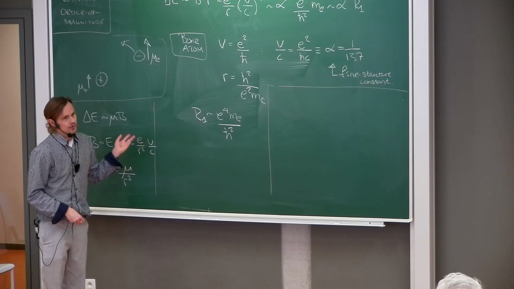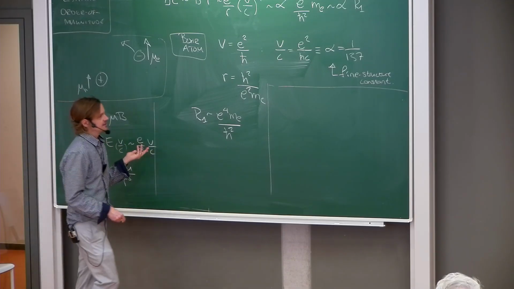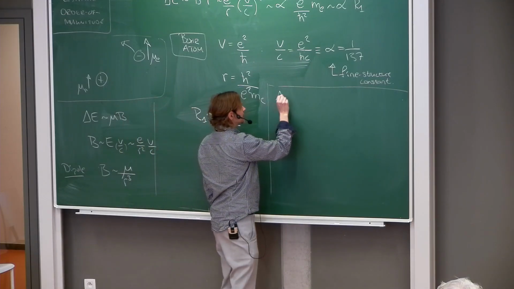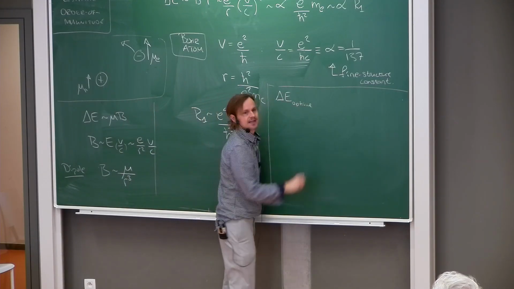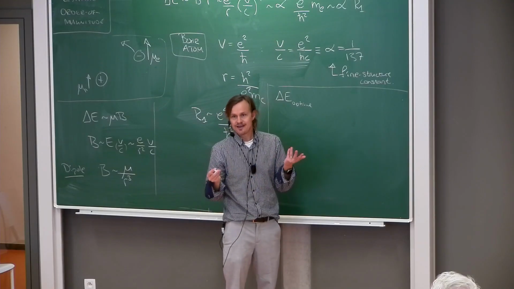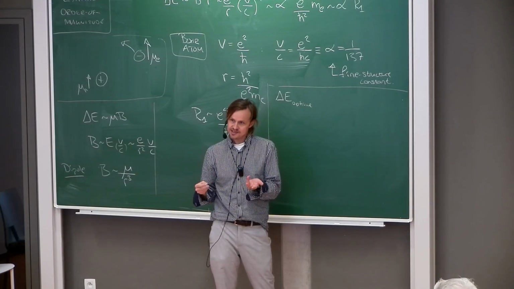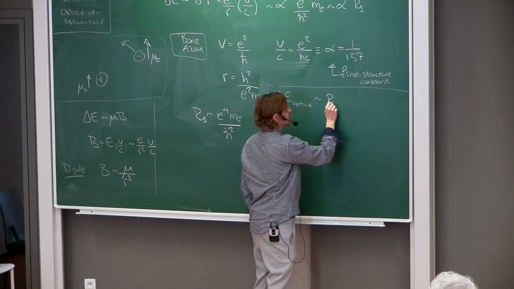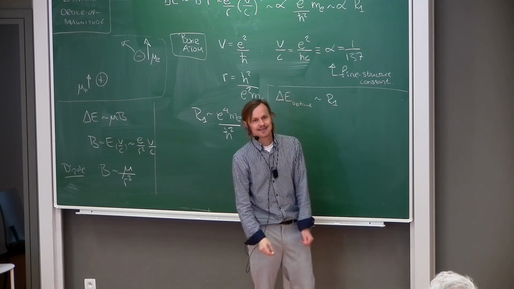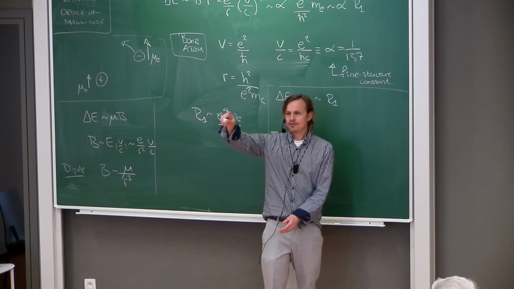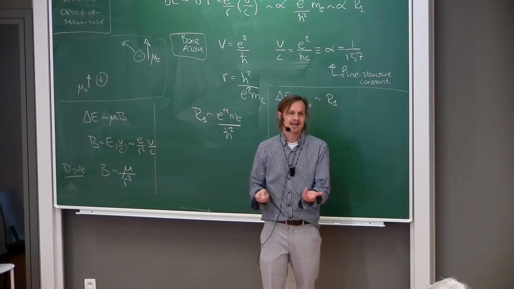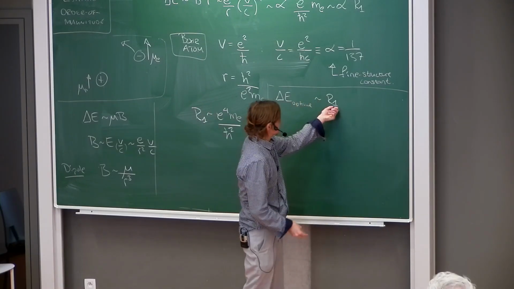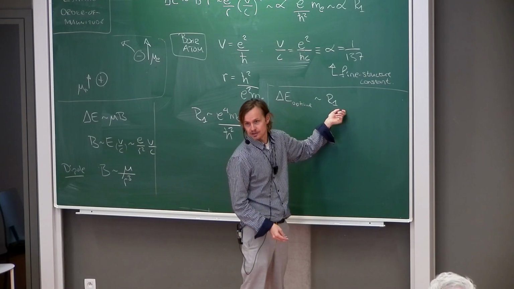Well, we know already that the principal scalings of delta E for, say, the optical transitions, that is the standard ones that we have had, those were 13.6 electron volts. That is, they go with the Rydberg, and then it was like 1 over 1 minus 1 over 4 or something like that. But the characteristic scaling was with the Rydberg, okay?